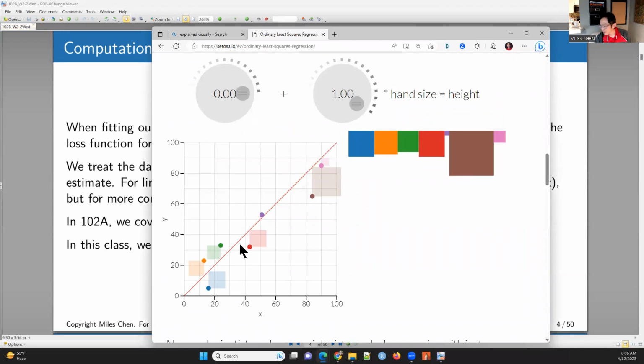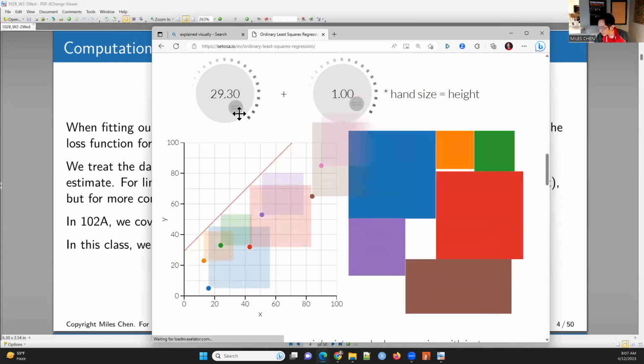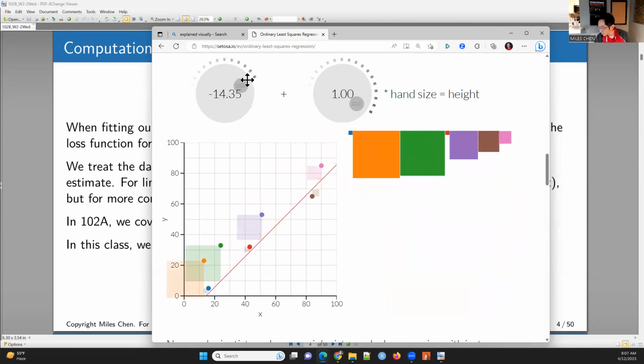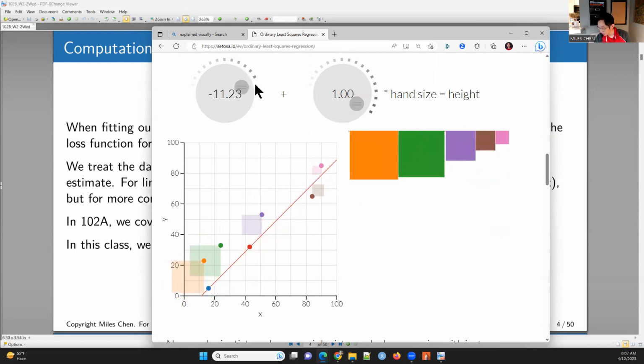Here these are the data points, and we are trying to find the slope and intercept of the line that best fits this data. This one changes the intercept, and so I can turn the knob and it slides the line up. I can turn the knob and it slides the line down. If I put it right here, the line runs through the red and blue dots. So we have almost no residual for red and blue, but it's far away from green and yellow.